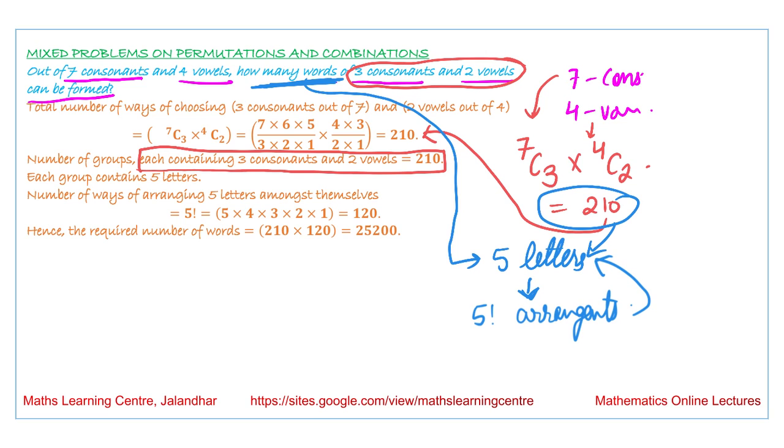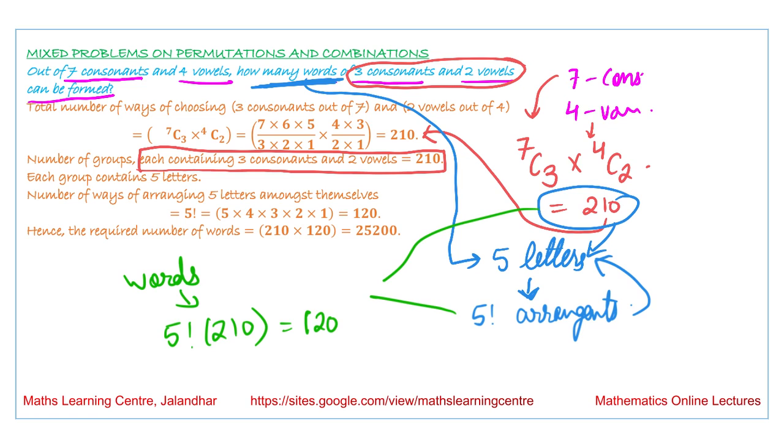So the total number of words that can be formed is 5 factorial into 210, that is equal to 120 into 210, that is equal to 25200. So the total number of words that can be formed is 25200.